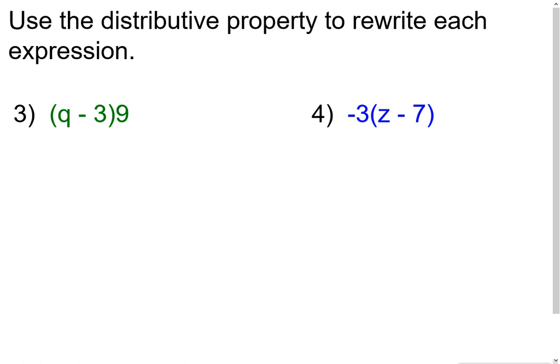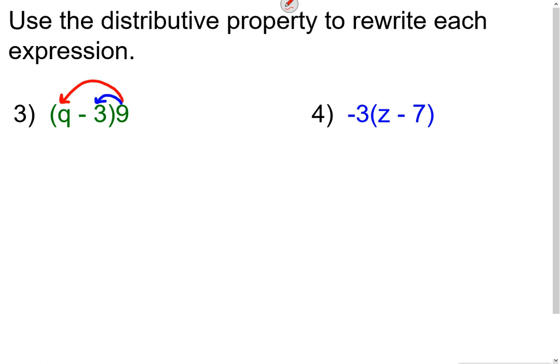So I'm going to take a look at these examples. Now notice I threw some negatives in here, but the approach is not going to change. We're going to take, now in this case, the 9 and multiply it by each term inside of our parentheses. So I'll take that 9 and multiply it by q, and then I'm going to take the 9 and multiply it by what I like to think of there as the negative 3.